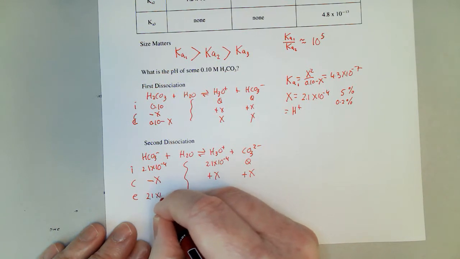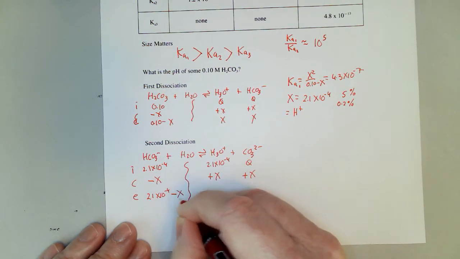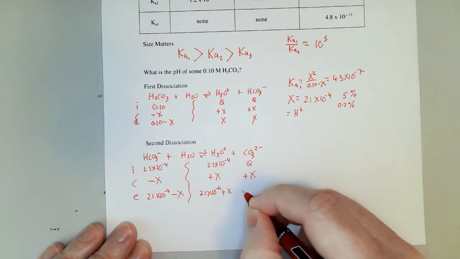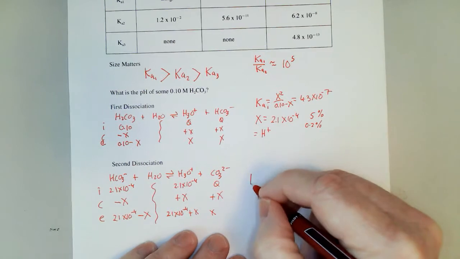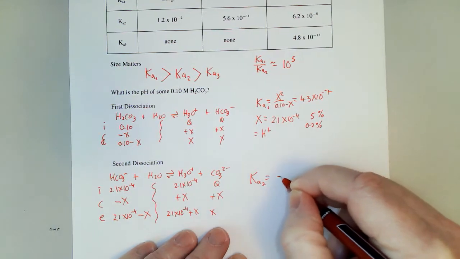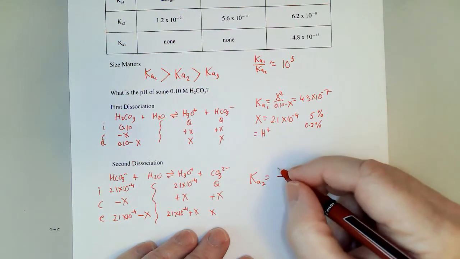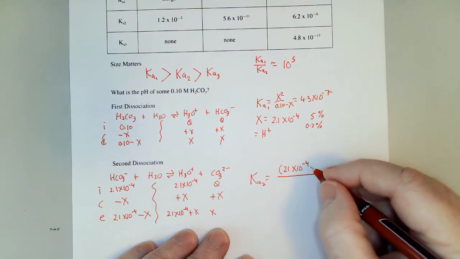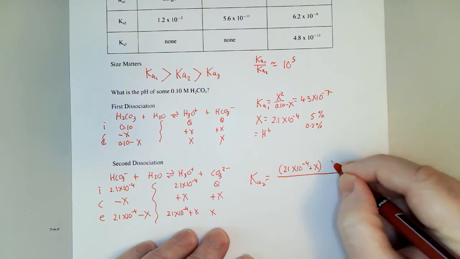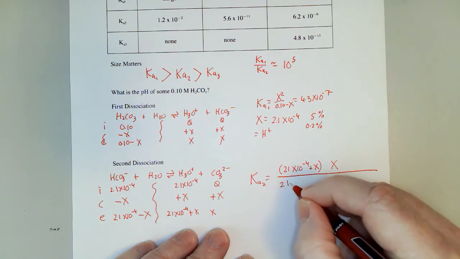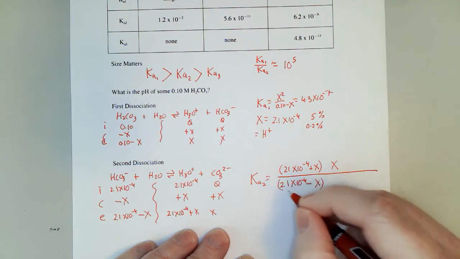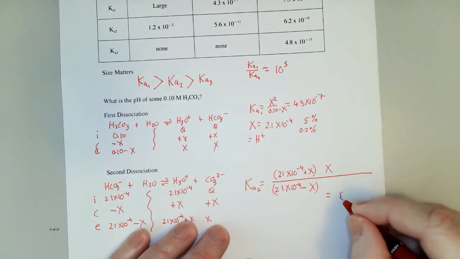I have 2.1 times 10 to the negative fourth minus x, 2.1 times 10 to the negative fourth plus x, and x. So when I plug this into Ka2, this is 2.1 times 10 to the negative fourth plus x, times x, over 2.1 times 10 to the negative fourth minus x. And all of this equals my second Ka, which is 5.6 times 10 to the negative 11th.